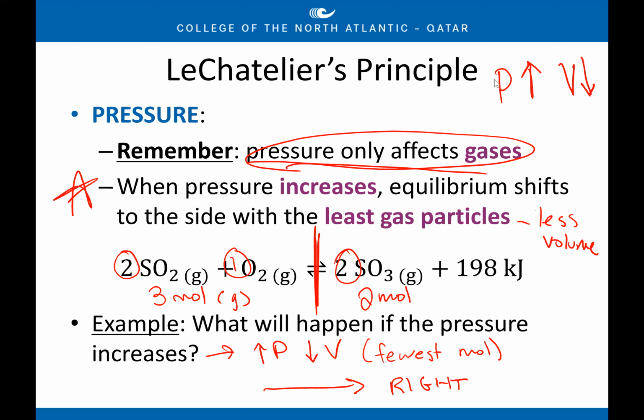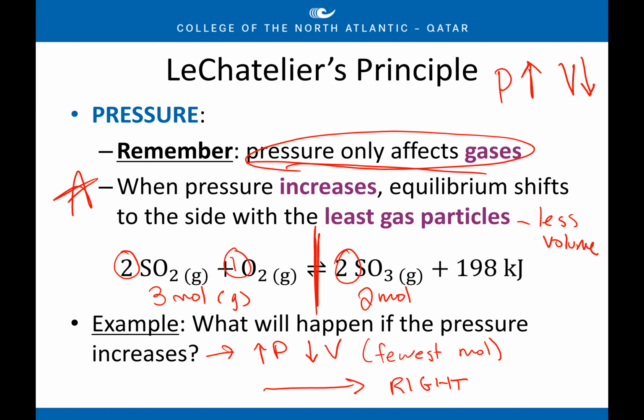It will go right. The easiest way for me to think about it, pretending like when I was a student, how did I figure this out? I always think about pressure and volume. If you have a big space, a big volume, you can have more moles, more particles. If you have high pressure or a small space, small volume, you have fewer moles, fewer particles.